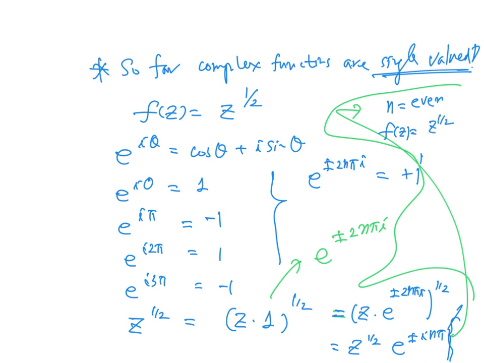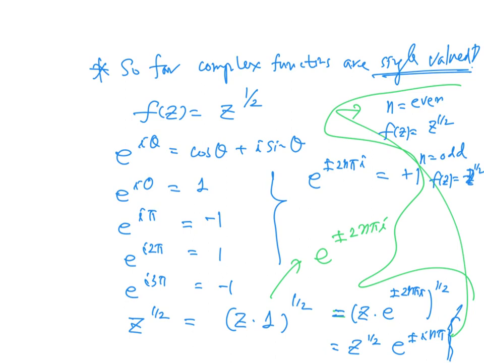But when n is odd, it is minus z to the half. So very tricky. So we have to worry about this argument too.